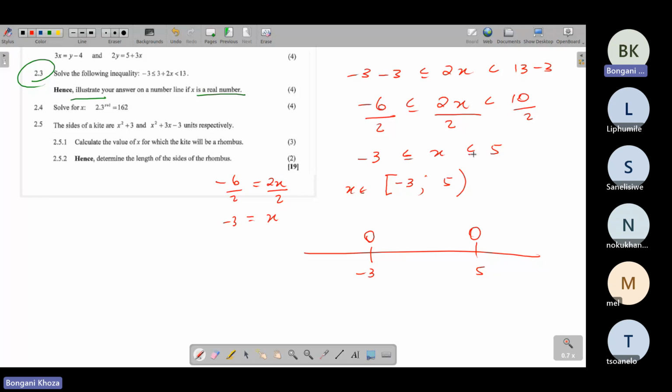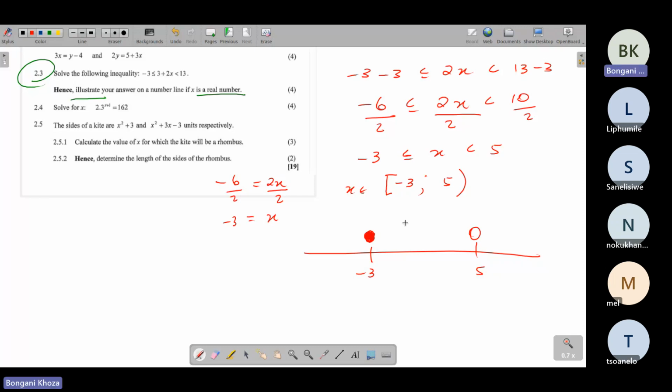If it doesn't have the equal sign, if it's not included, then it's going to be an open circle. If it does have an included sign or an equal sign like this, then you have to shade it. So this means that -3 is included in the numbers that will make this inequality true.